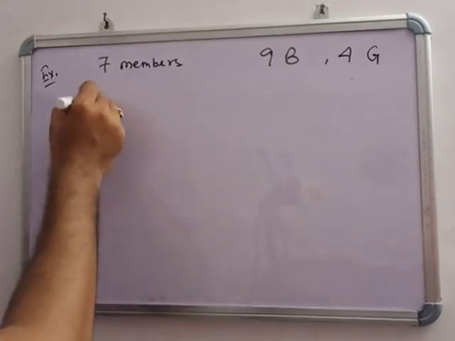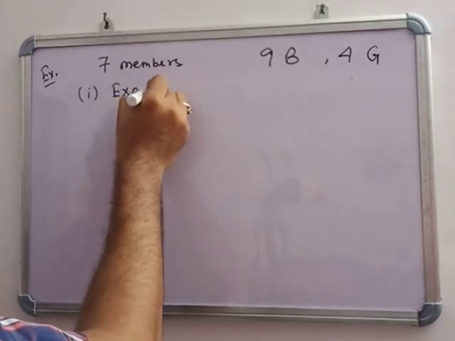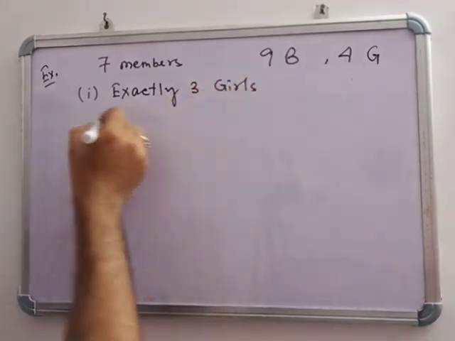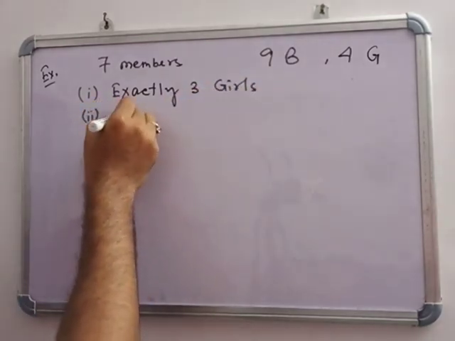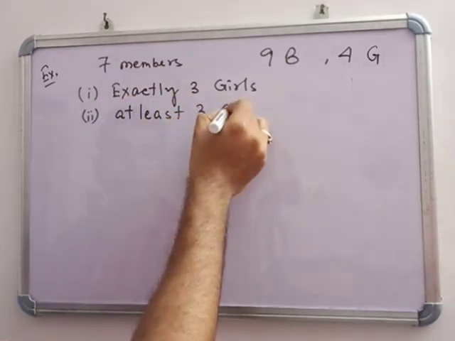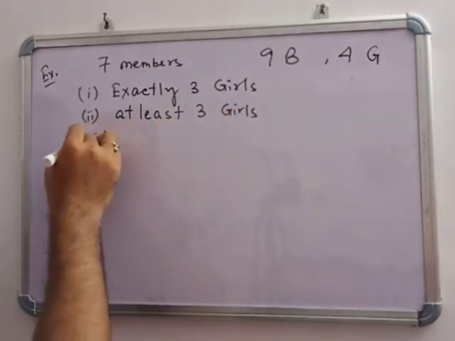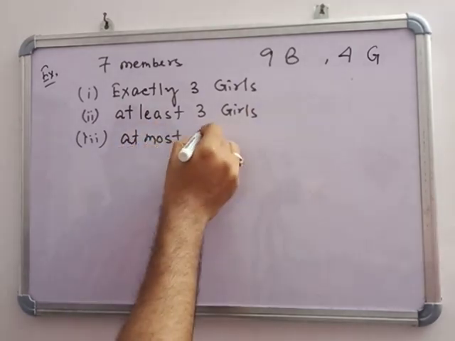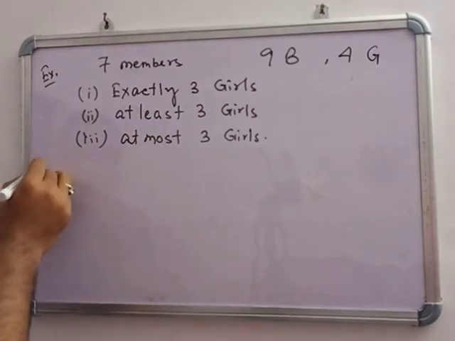So number 1 condition is exactly 3 girls. Number 2 is at least 3 girls. And number 3 is at most 3 girls. So 3 conditions are there.